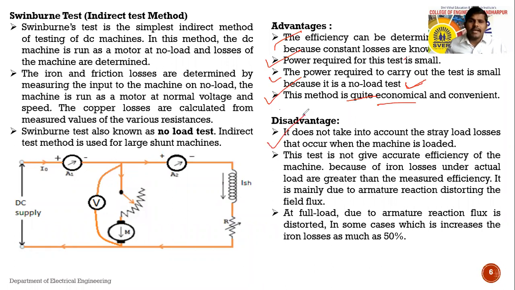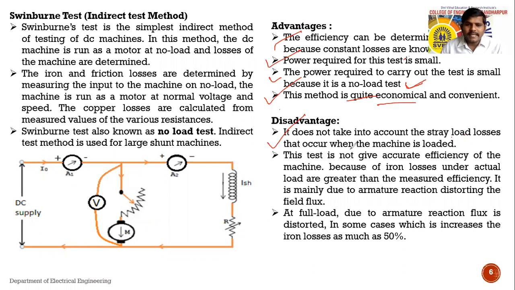So due to that, the stray load losses that occur when the machine is loaded, we are not able to tell whether they are present or not, or how much quantity.